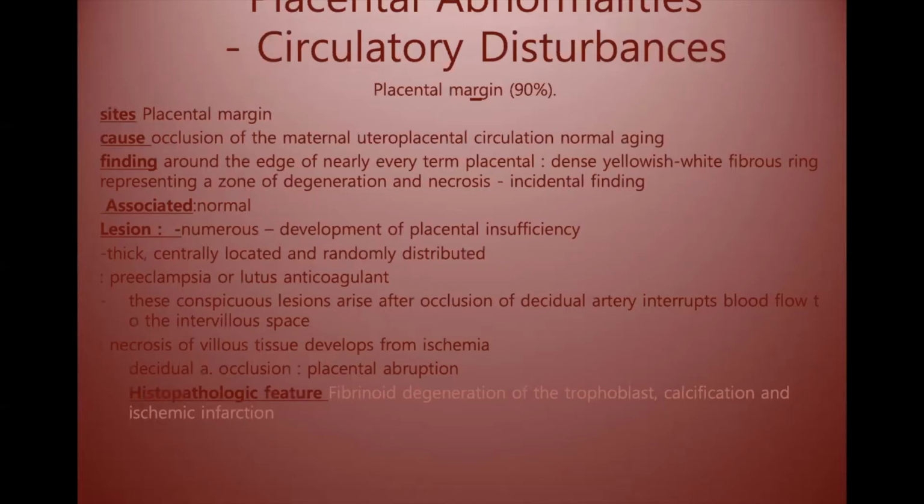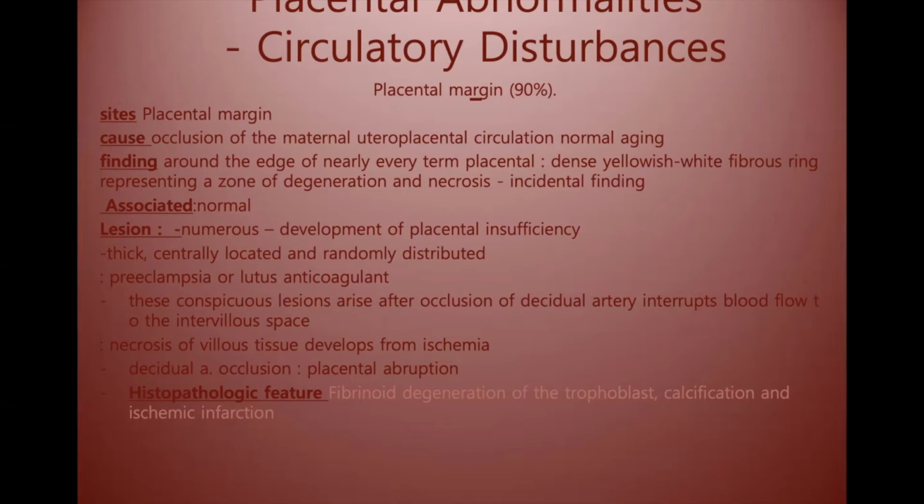Circulatory disturbances of the placental margin: in 90% of cases the cause is occlusion of the maternal uteroplacental circulation and normal aging. It's usually found around the edge of nearly every term placenta. It is a dense yellowish white fibrous ring representing a zone of degeneration and necrosis.